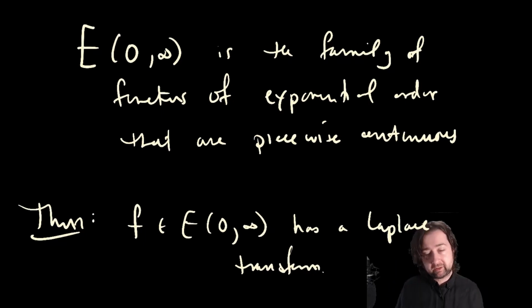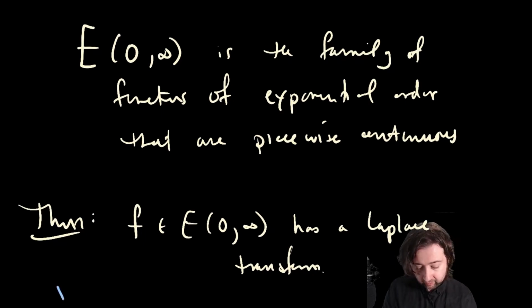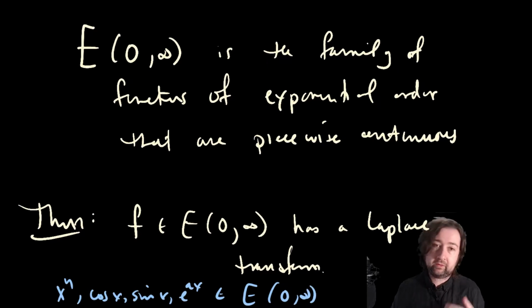And then remember that the big deal here is that things like all the polynomials, cosine, sine, and all of the exponentials all live inside this family E0 infinity. So the basic functions that we come across in almost every application are of exponential order. And that means they all have Laplace transforms.